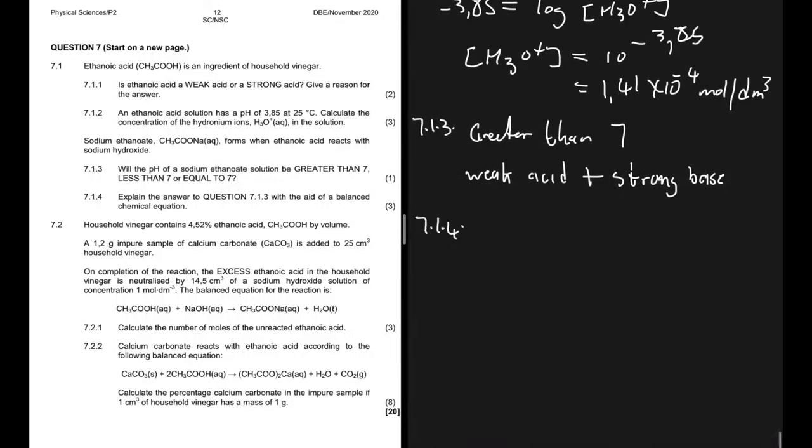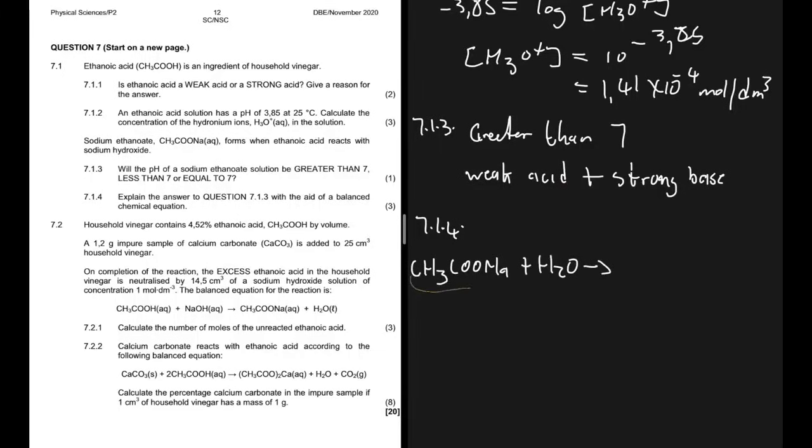And then we have 7.1.4, which says explain the answer to question 7.1.3 with the aid of a balanced chemical equation. So let's put sodium ethanoate in water and see what happens. So we have CH3COONa plus H2O, and then this is supposed to give us something, right?